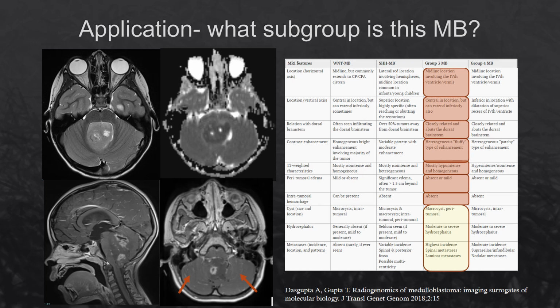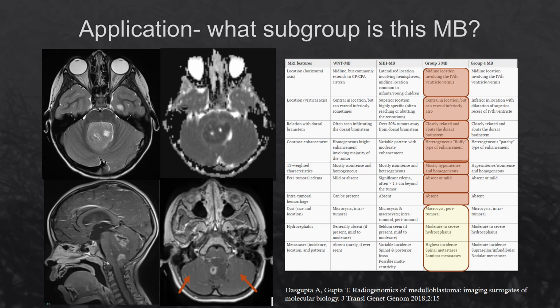There's no edema, which again is a specific feature of group 3s, and also Wnt can have a similar one as well. But notice that group 4, group 3, and Wnt can all have very similar looking, similarly will have less peritumoral edema. And then intratumoral hemorrhage is absent, which is only seen usually in the Wnt types.